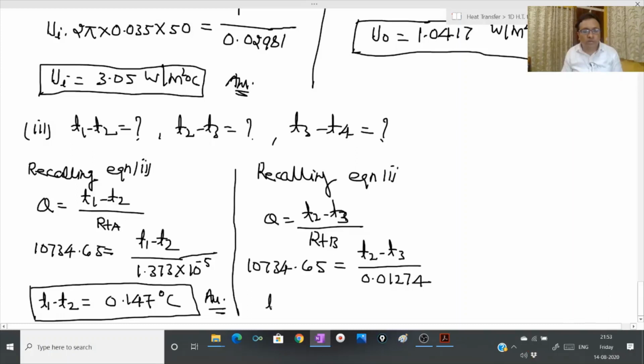So the value of temperature drop across the asbestos insulation surface comes out 0.76 degrees Celsius.